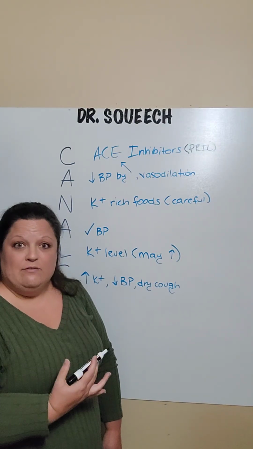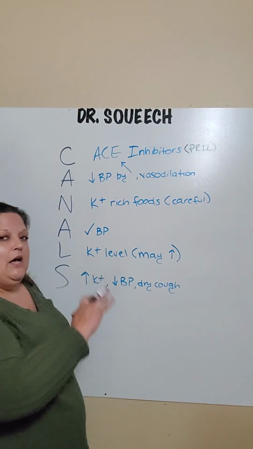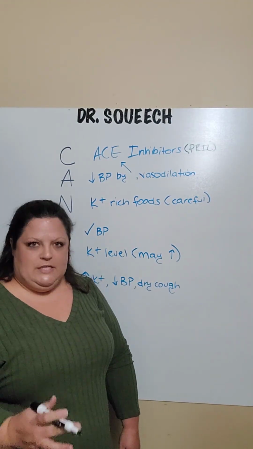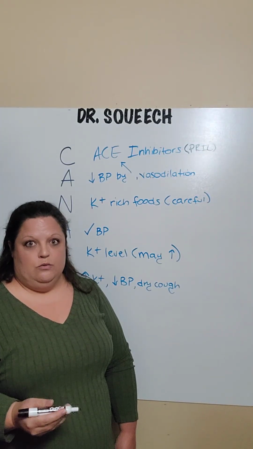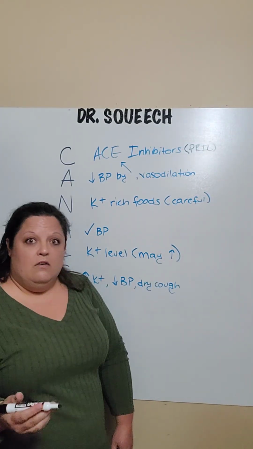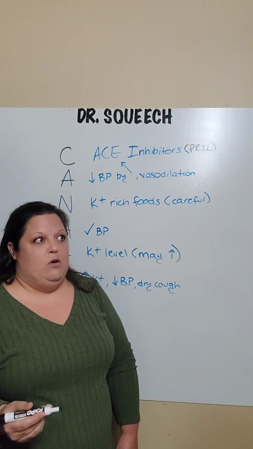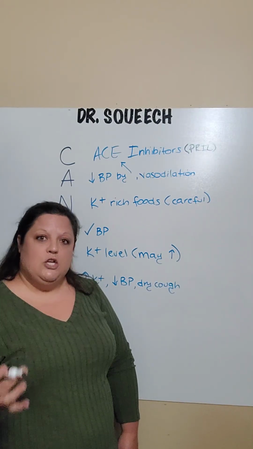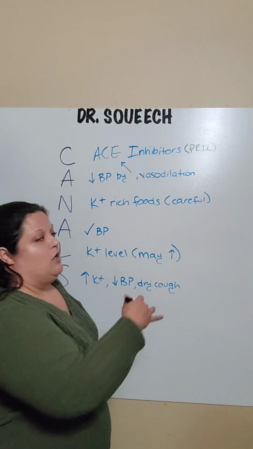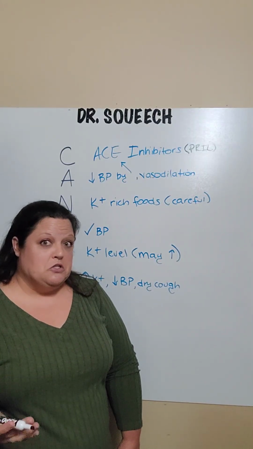In this case, we have too much. So I would tell my patients not to avoid potassium altogether, but be very careful with potassium-rich foods. Here you can make a list of potassium-rich foods. Maybe we're looking at a nutrition question on NCLEX. Maybe we're looking at a teaching question. So you can make a small list of potassium-rich foods to talk to your patient about.